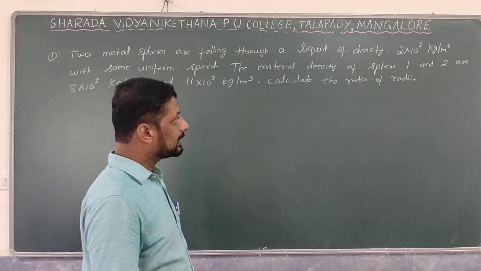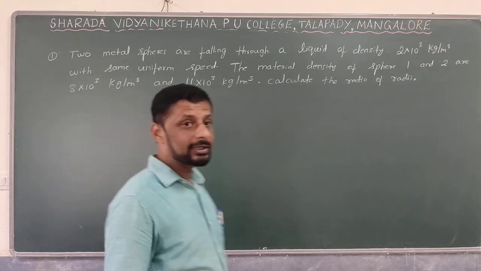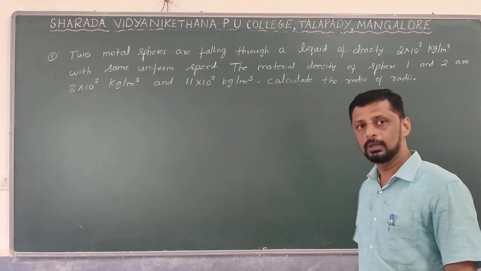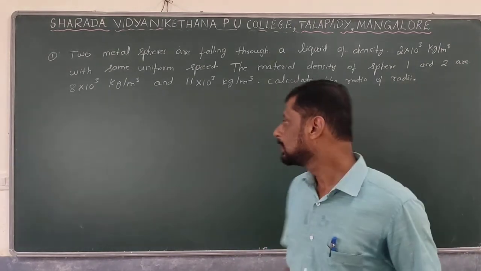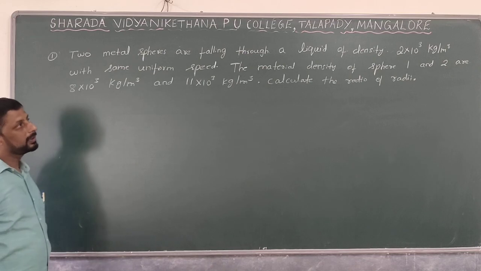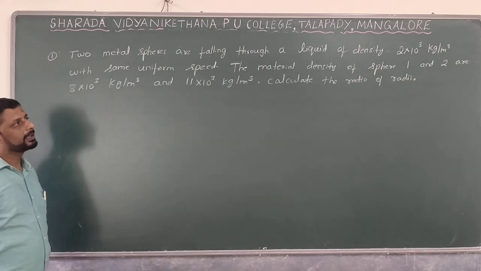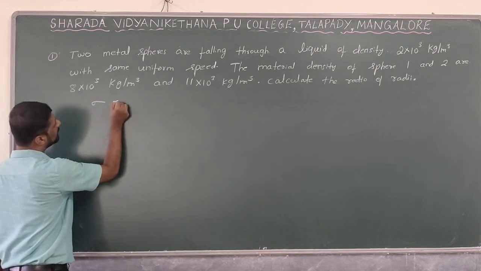The material densities of sphere 1 and 2 are given. You are asked to calculate the ratio of their radii. So in a container, two metal spheres are dropped. The container contains some liquid having the density 2 into 10 power 3 kg per meter cube. The density of the liquid is given.